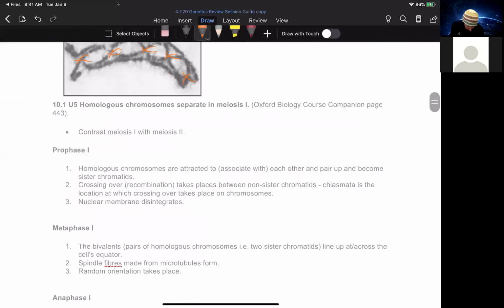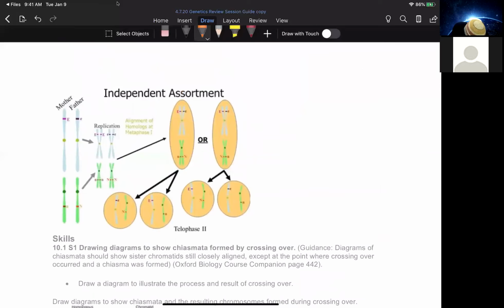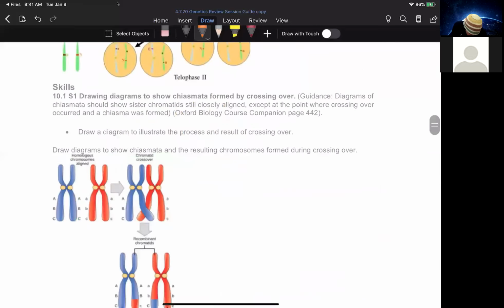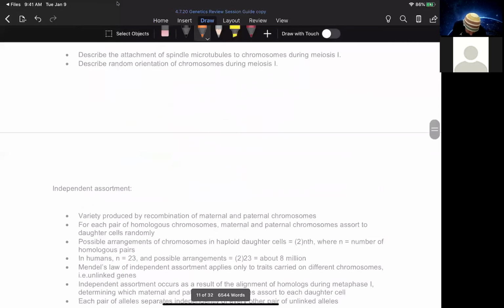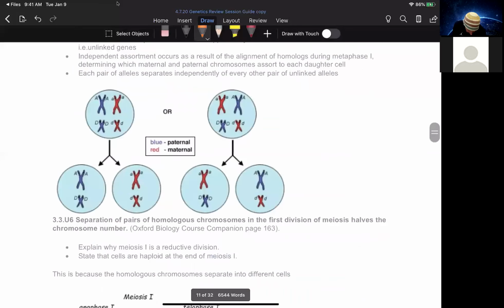So there's independent assortment. This is really chapter 3 and chapter 10, and it talks about genetic variation. There are good diagrams here. Hey, Larson? Yeah. So is the chiasmata the crossing over? Yeah, so when they cross over, like in this picture right here, that's where the chiasmata would be.